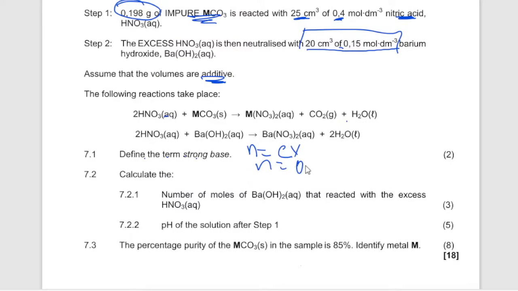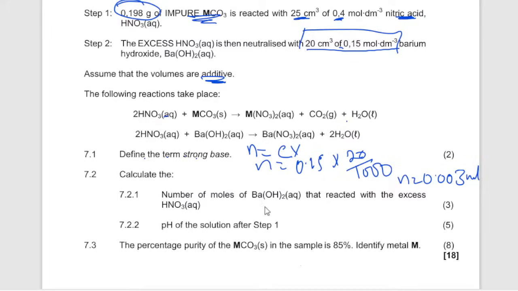We have the concentration, which is 0.15, times volume, which is 20 divided by 1,000. So after that the number of moles, let me check if I calculated it. Yes, I hope I calculated it. Yeah, it is equal to 0.003 moles. So that's how you can calculate the number of moles of that.